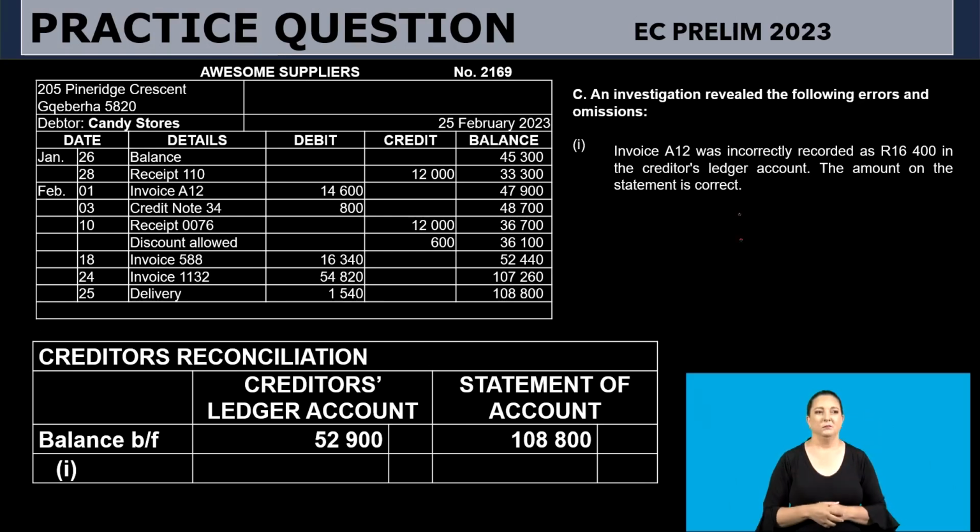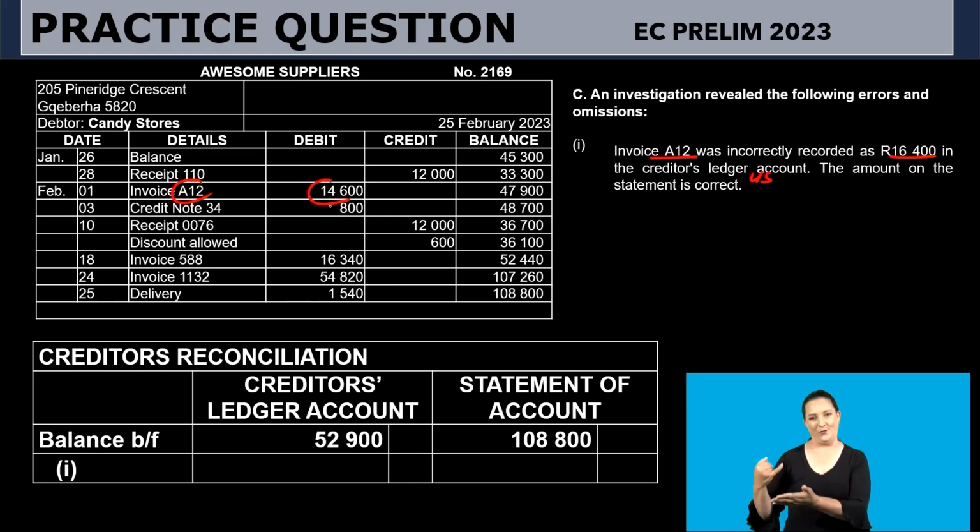Number 1, it reads, Invoice A12, which is this one here, was incorrectly recorded as 16,400 in the creditors ledger account. That is by us. The amount on the statement, which is 14,600, is correct.